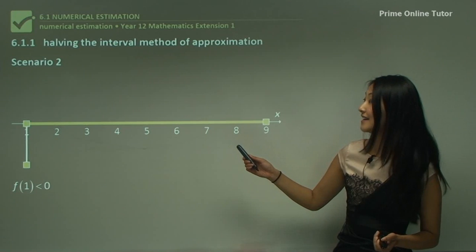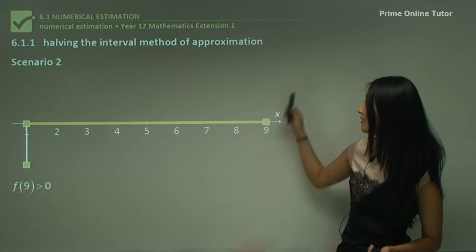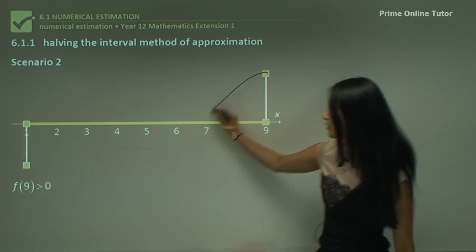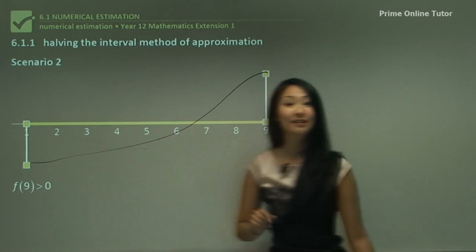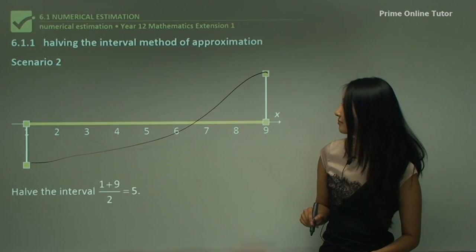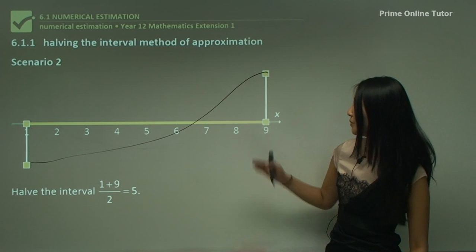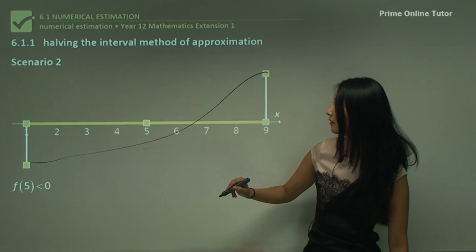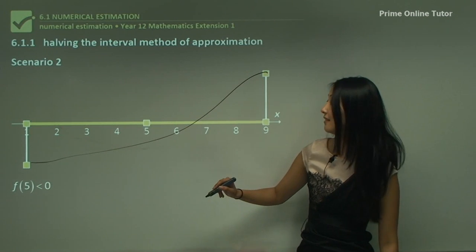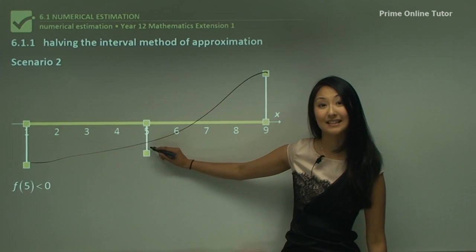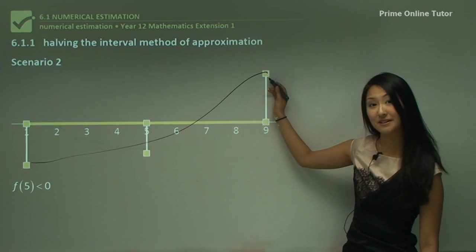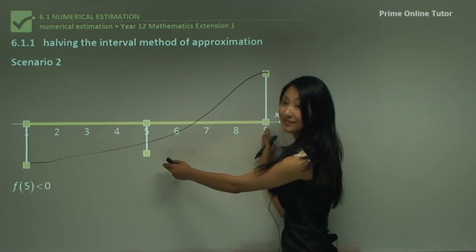So 1, we find out is negative, and 9 is positive, okay? So not quite sure, but maybe something like that. And now we halve the interval between 1 and 9, so that gives us 5. And testing that, we find out that 5 is less than 0, so it's negative as well, okay? So this is negative, that's positive. It's going to lie between this interval here.